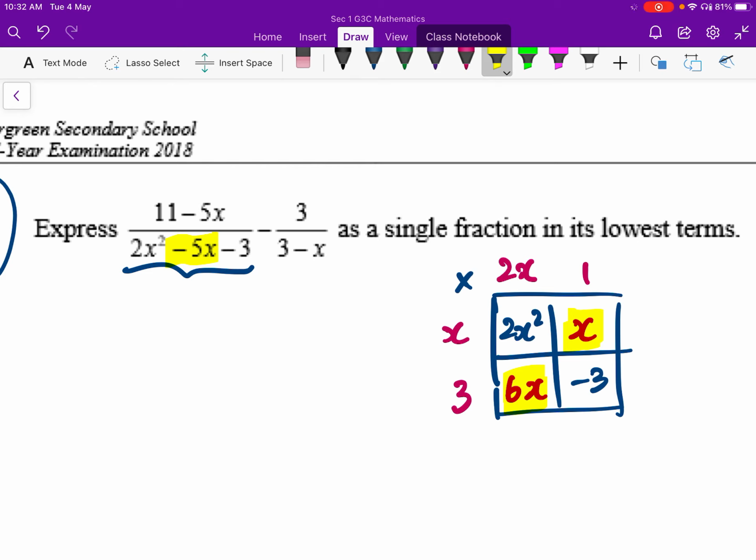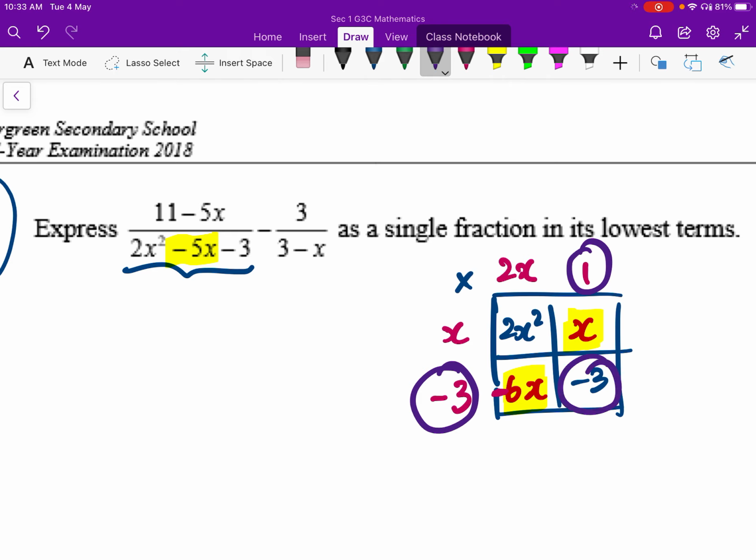Yes, it is, by introducing a negative sign to the 6x. When I introduce a negative sign to the 6x, I need to introduce a negative sign to the 3, so that 2x times negative 3 gives me negative 6x. By putting the negative sign for the 3, I also managed to get 1 times negative 3 equals negative 3.